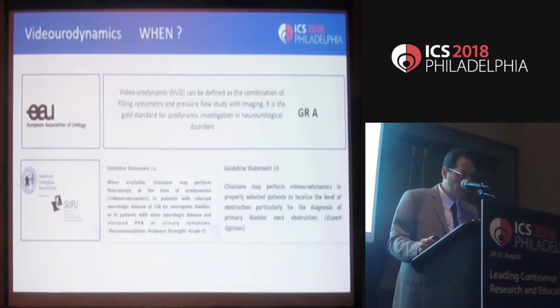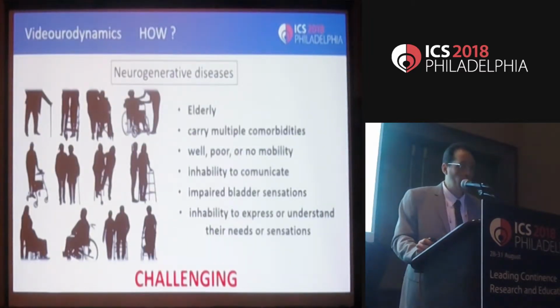That is statement 18, with a grade recommendation C. Statement 19 says clinicians may perform videodynamics in properly selected patients to localize the level of obstruction. This does not have a grade recommendation, but is an expert opinion.